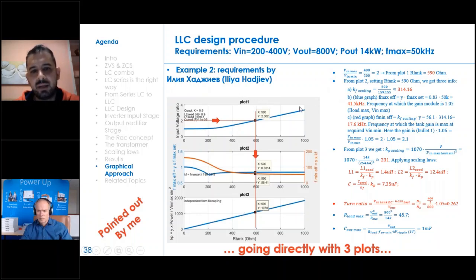The same graphical approach is presented here. I will not go through step-by-step calculations, but all results in terms of best frequency range, turn ratio, and scaling factors are reported on the right. So one slide to fix all the values you need.